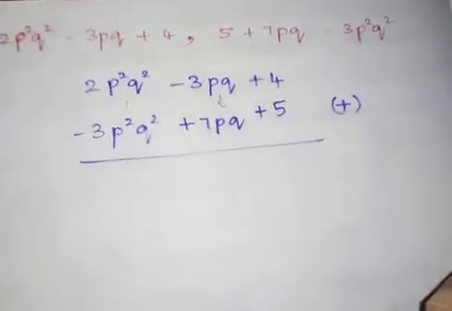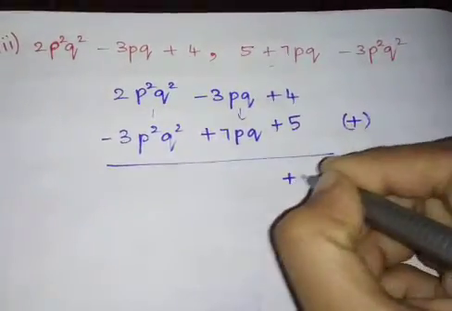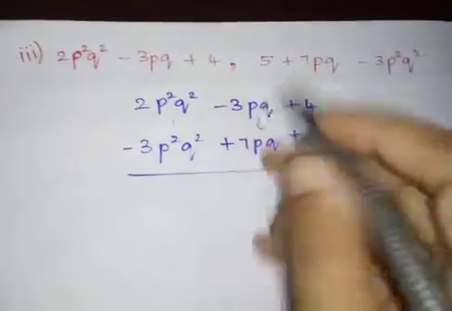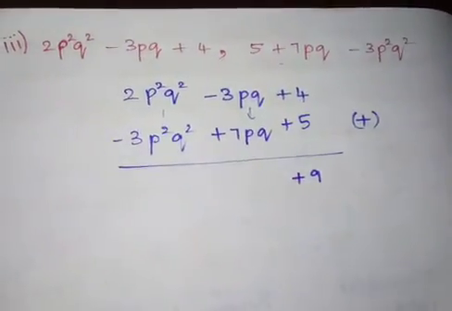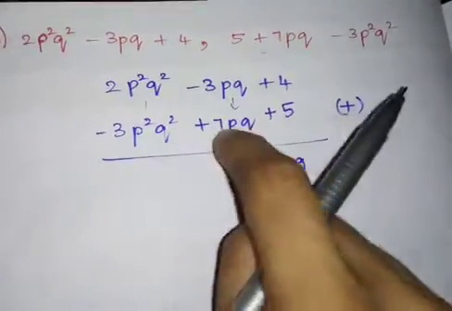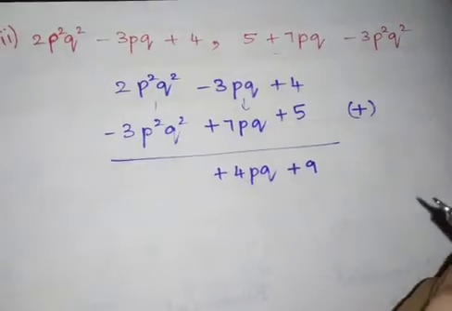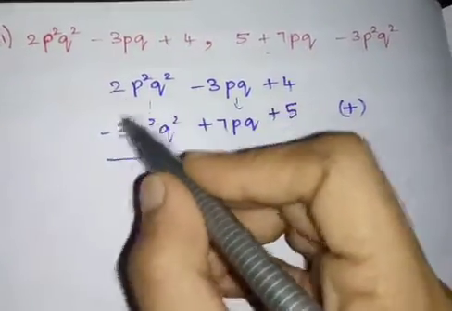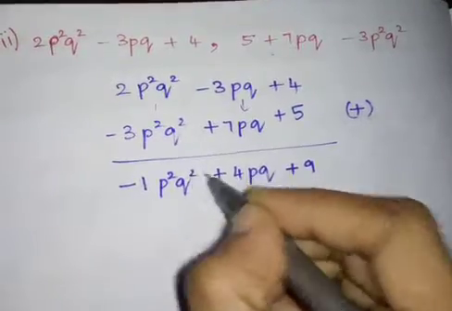Okay. Now what do you have to do? Add it directly. Plus 4 plus 5 is plus 9. Next, don't consider the variable. Consider only the numerical coefficient as I have already told you. Minus 3 plus 7 is plus 4pq. Next, 2 minus 3 is minus 1 p square q square.